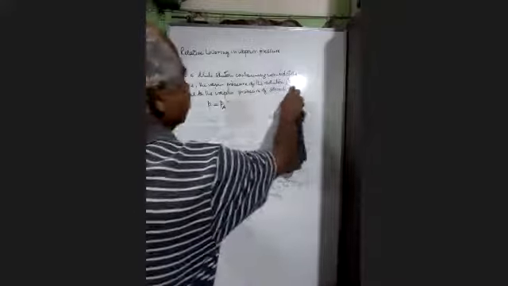Next step, I'll just tell, do, and you'll understand and write. So it is not a dictation class. In a dilute solution containing non-volatile solute, the vapor pressure of the solution P is equal to the vapor pressure of the solvent.